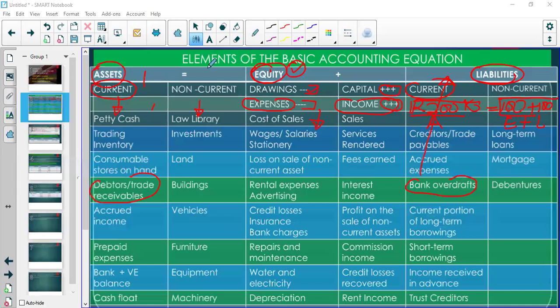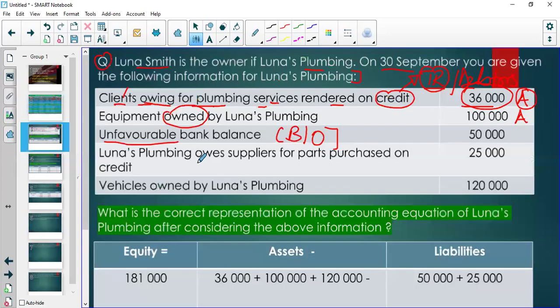So they want you to distinguish in your answers between current and non-current assets. So if you come back here, you will see that this is a liability, also a current liability, right? Then we have Luna's Plumbing owes suppliers for parts purchased on credit. So basically we buy parts that we need for our business and we haven't paid.